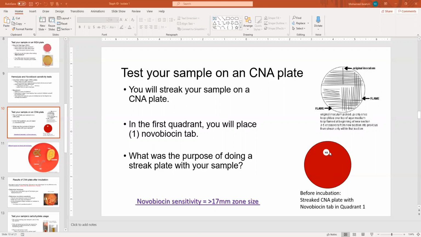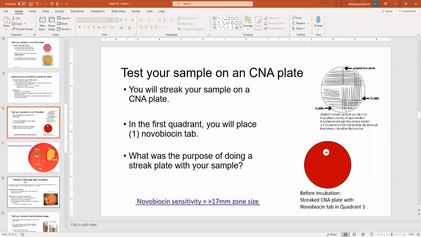So if you measure the inhibition zone and it is 17 millimeters or more, that tells you that your organism is sensitive to the antibiotic novobiocin. If it is less than 17 millimeters, it means it is resistant. So this is a very, very important way to differentiate between different Staphylococcus species.